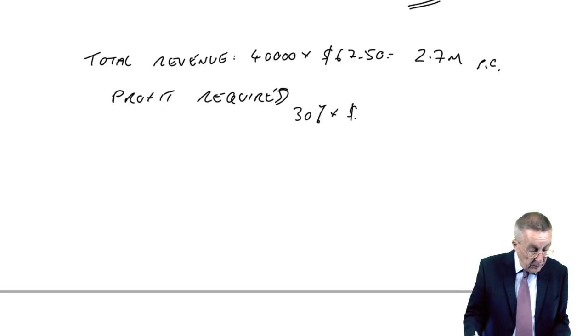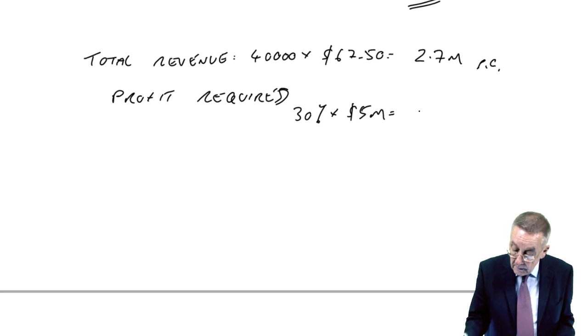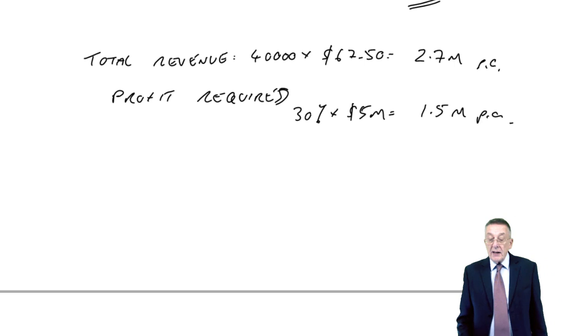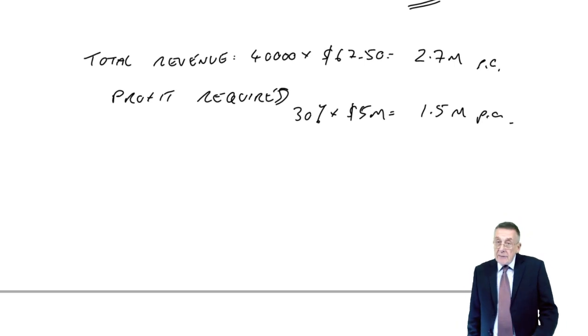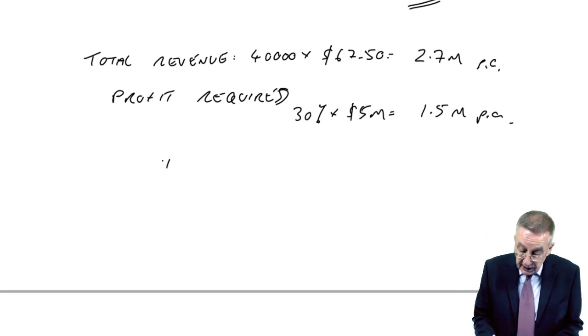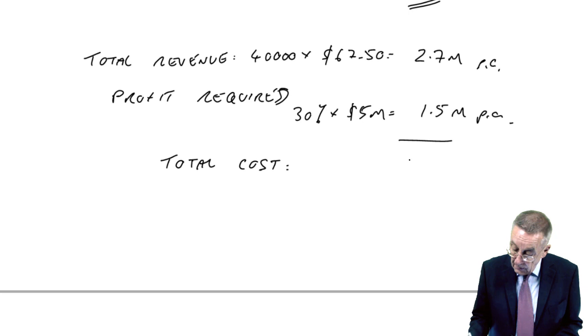The investment was 5 million. So we want a profit of 1.5 million a year. And therefore, what's the total cost we can afford? Is 1.2 million.